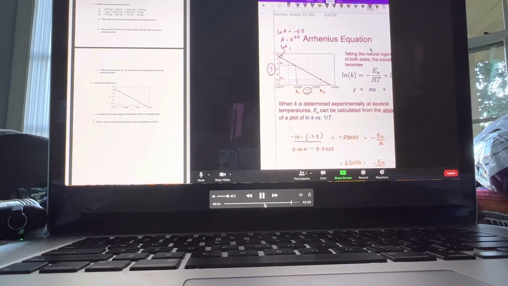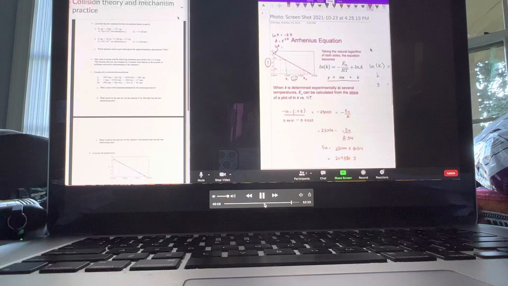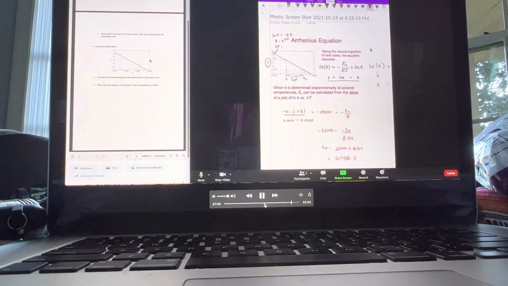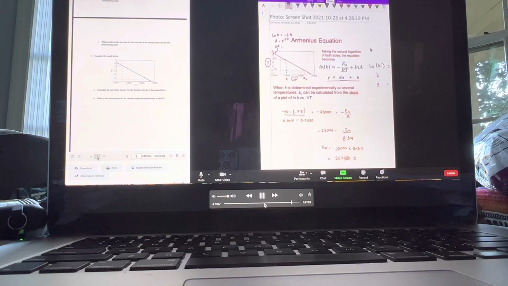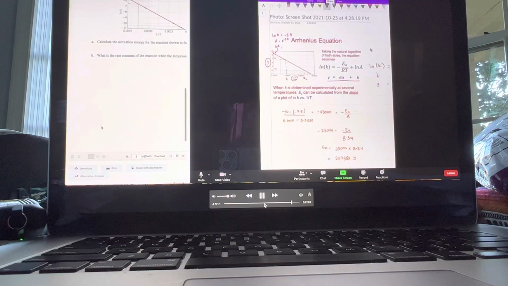So basically you just get an equation in this form, y equals mx plus b. So y, we know that is ln of k. What was the slope of this graph when we calculated it first?